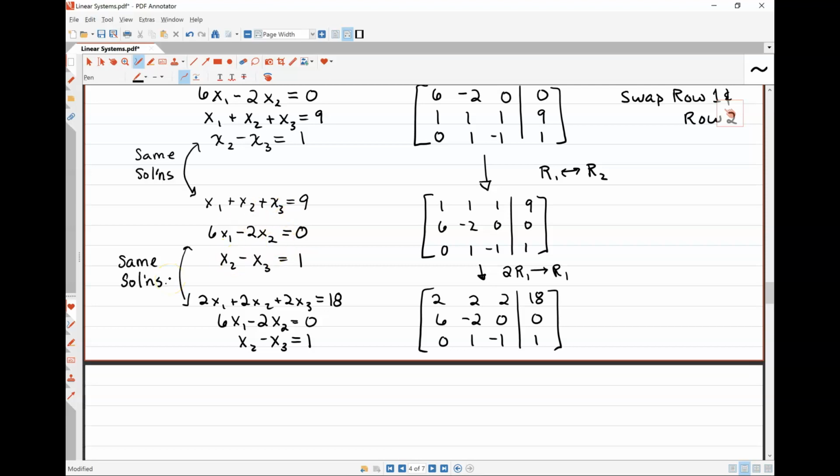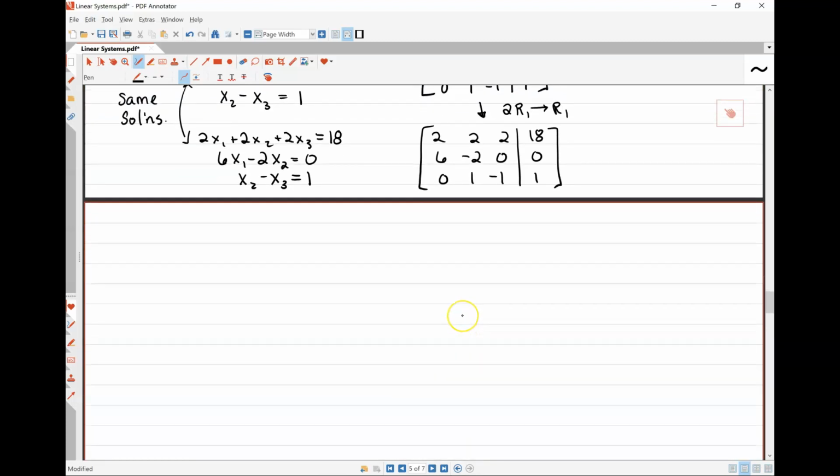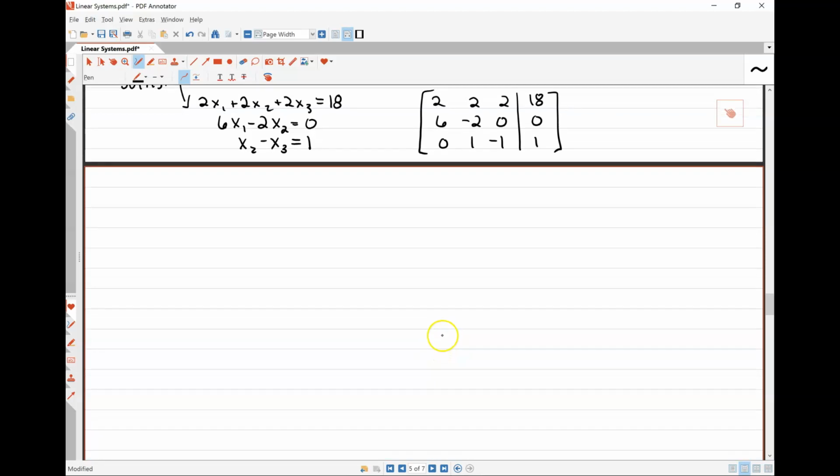It's easy to see, I think, that those three sets of equations all have the same set of solutions. The third and last row operation that we need to learn about is a little bit harder to see has the same solutions as the previous one.